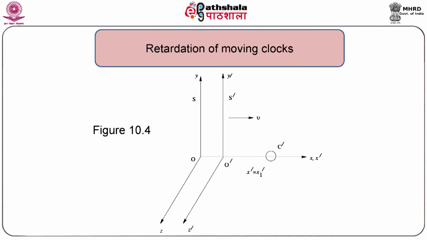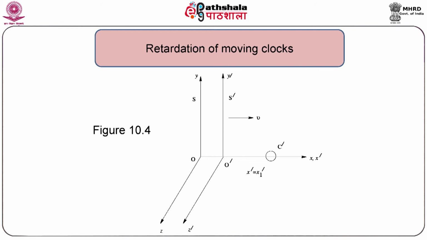S frame is the fixed frame having coordinate axes OX, OY and OZ. S dash frame has the coordinate axes O dash x dash, O dash y dash, O dash z dash. Initially, O and O dash were coinciding. Now S dash is moving with uniform velocity v along the direction of O dash x dash. S is the fixed frame. O dash is the latest position of the frame S dash as it is moving.